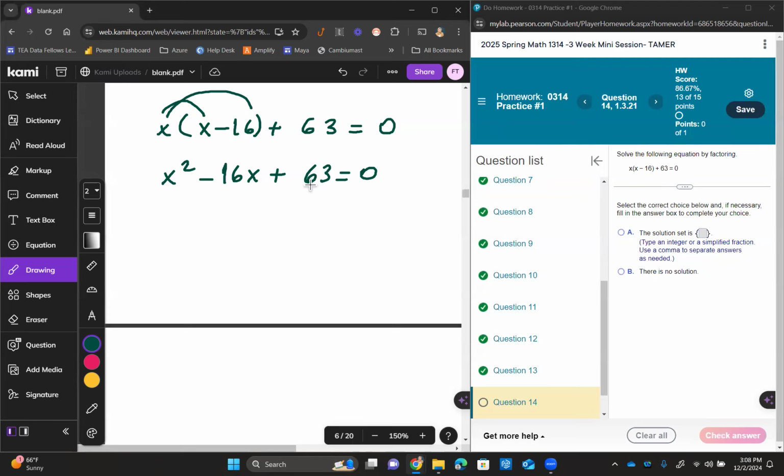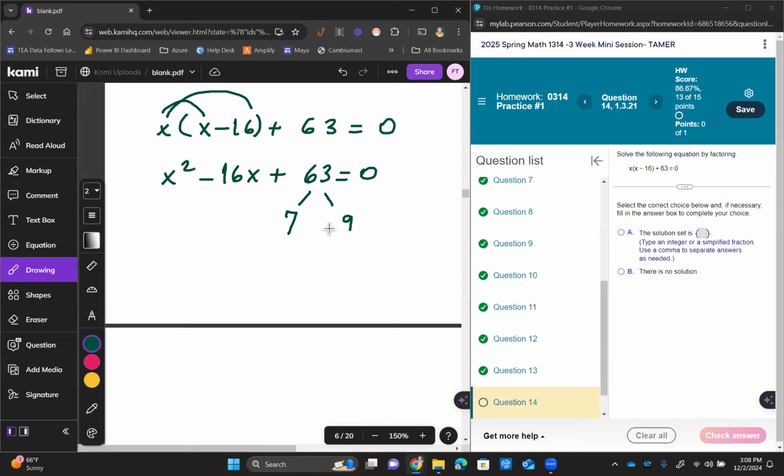Now, this is a quadratic equation which I can factor. I need two numbers that I multiply and I get 63. The first two numbers that come to my mind are 7 times 9, which is 63. If I keep them positive, when I multiply them, the result is still positive 63, which is nice.